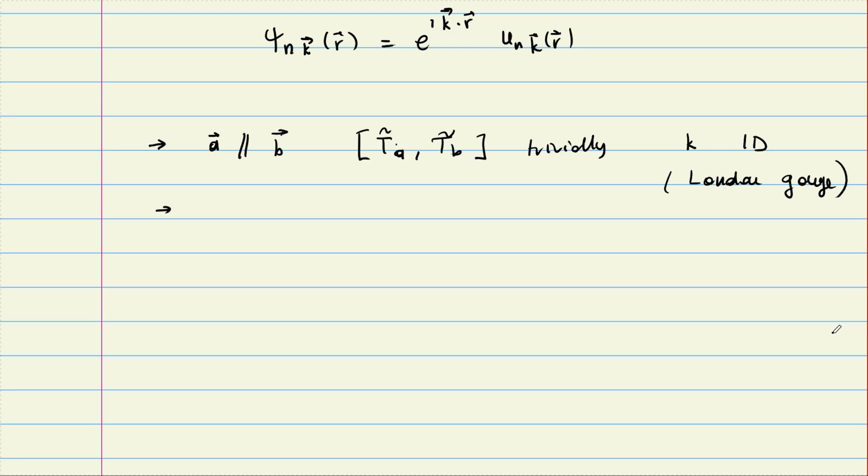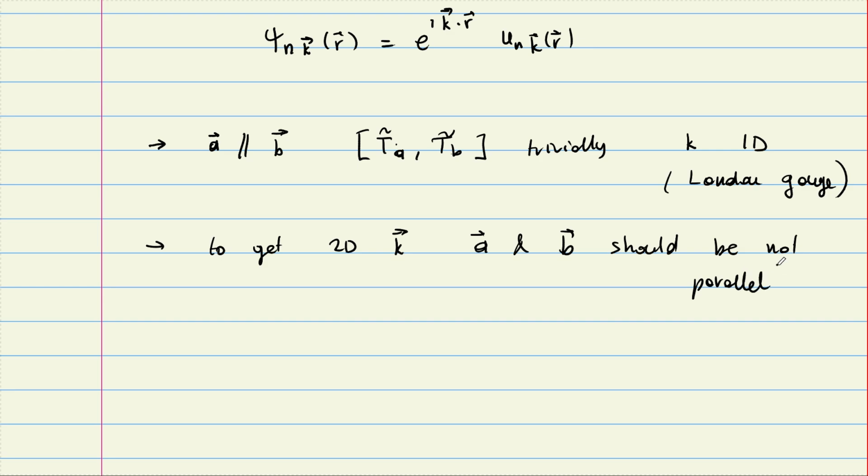But the more interesting case is, to get to the Brillouin zone, A and B should be not parallel.